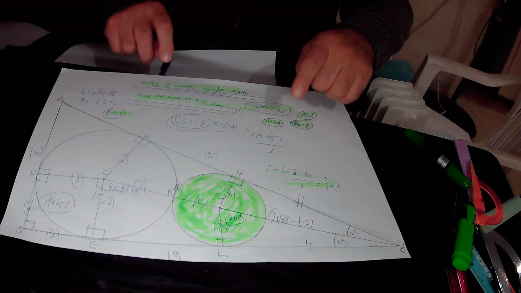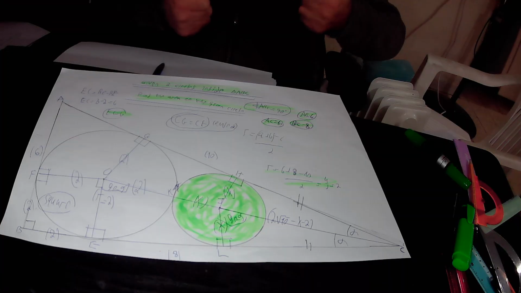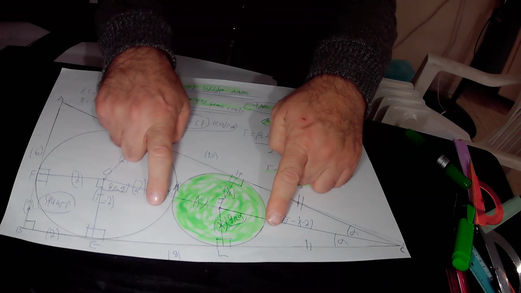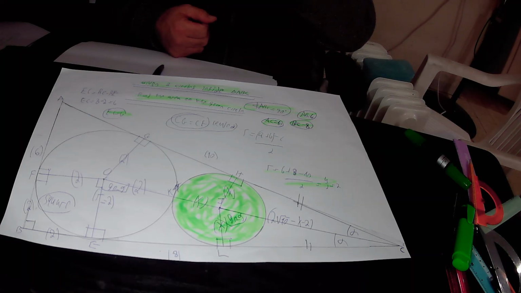From the fact that those two right triangles are similar to each other, we will derive that the following relationship exists between their sides.